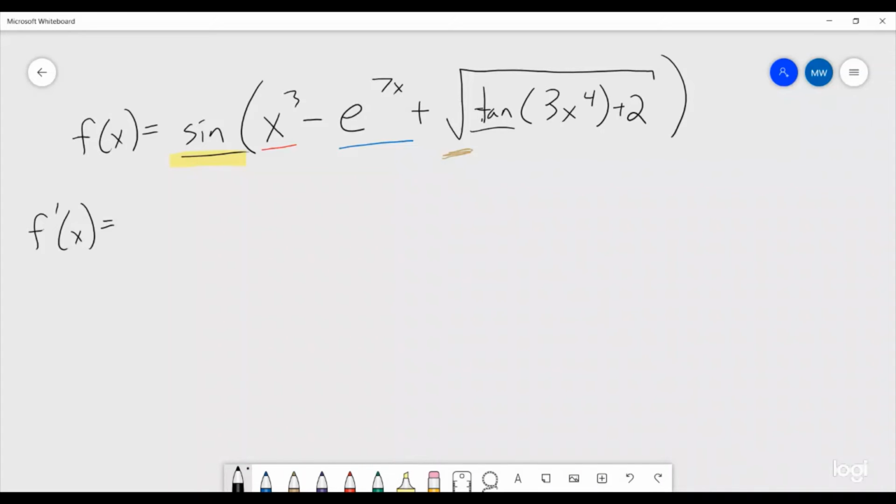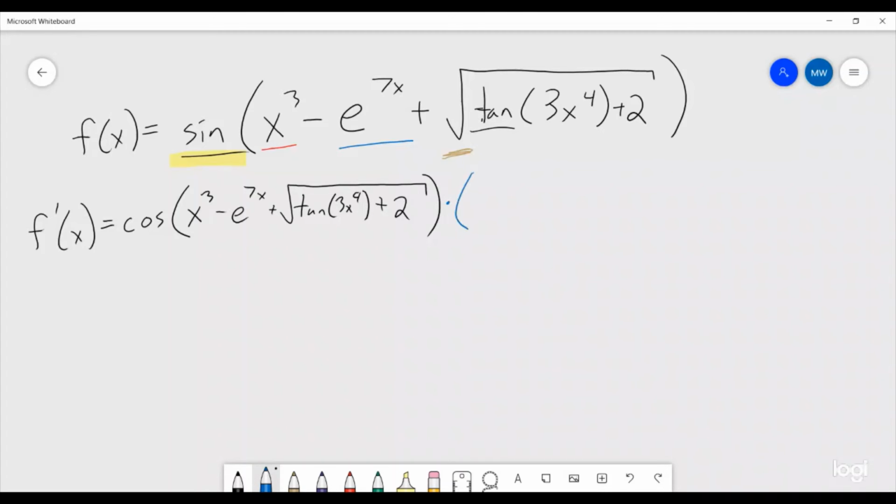The derivative of that is cosine, so we get cosine of, and our inside does not change in this part. So cosine of x cubed minus e to the 7x plus the square root of tangent of 3x to the 4th plus 2, then we multiply that by the derivative of the inside.